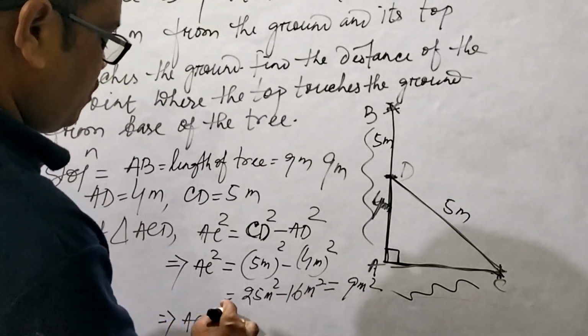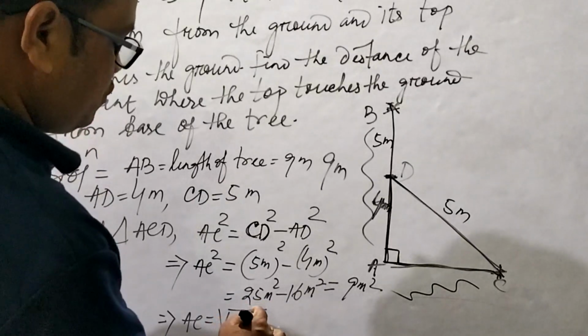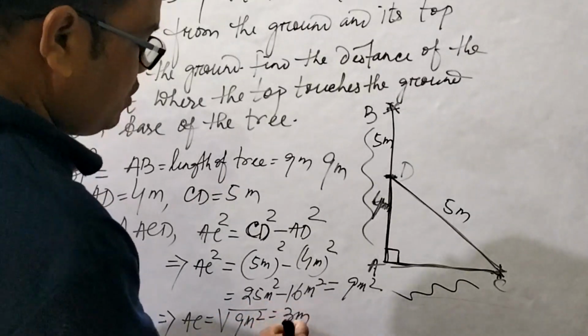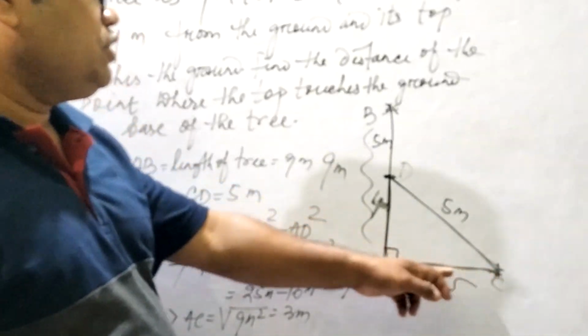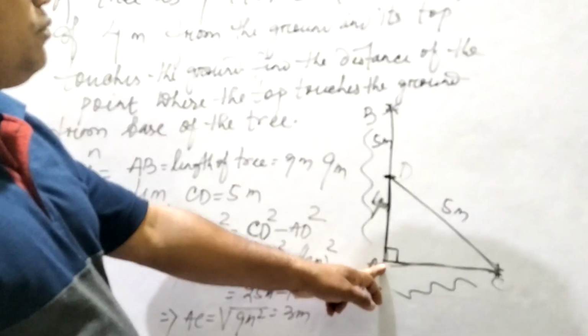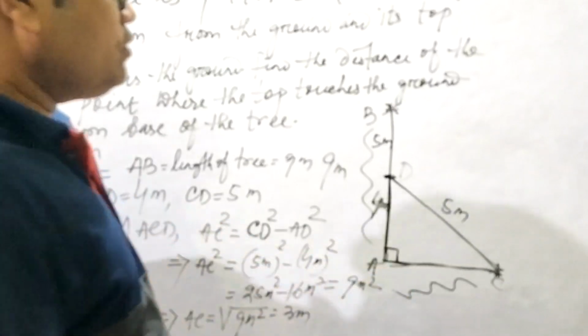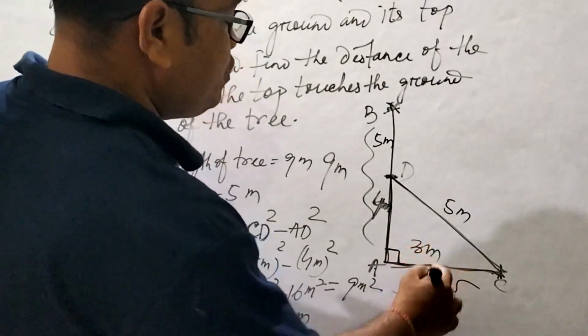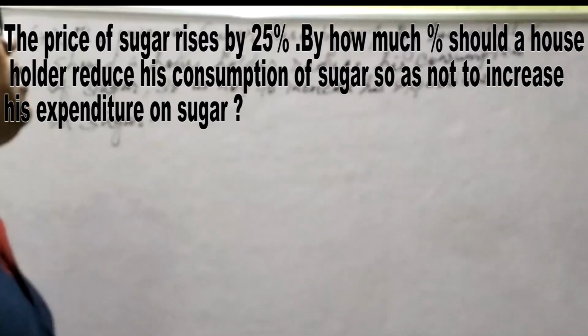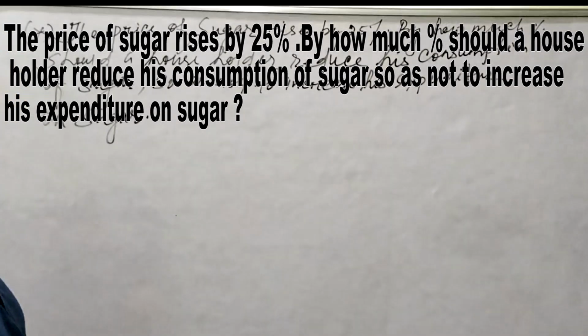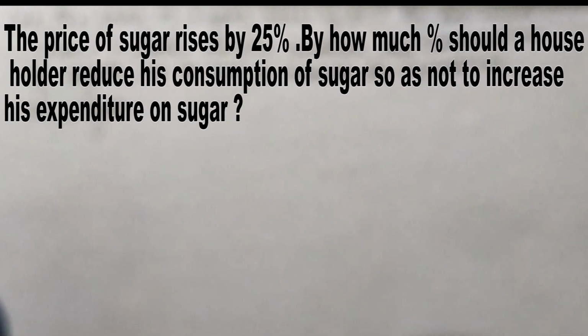That implies AC equals to root over of 9 meter square, that equals to 3 meter. Hence the distance of the top of the tree from the base of the tree you got is 3 meter. Very simple, according to Pythagoras theorem.